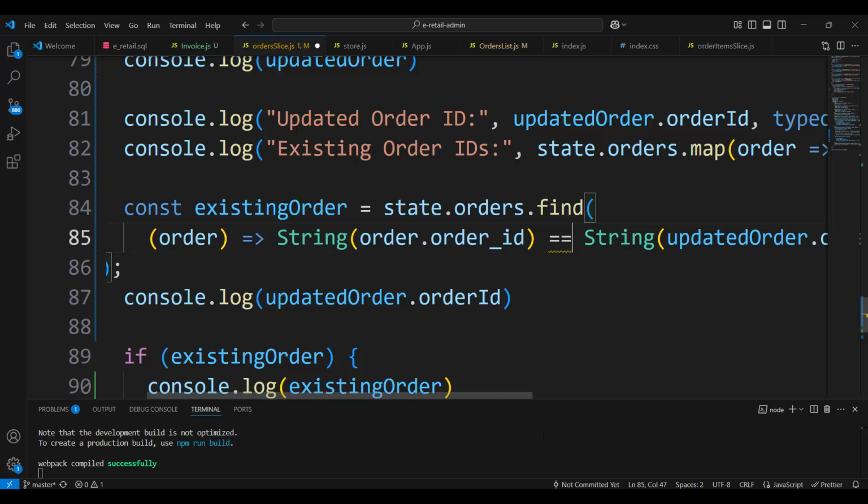I have updated, because one side is a string and the other is a number. Never mind. With dynamic typing, JavaScript will coerce one side to equalize the types, and I have an updated Redux. But with three equals, silence, nothing happened, nothing updated.